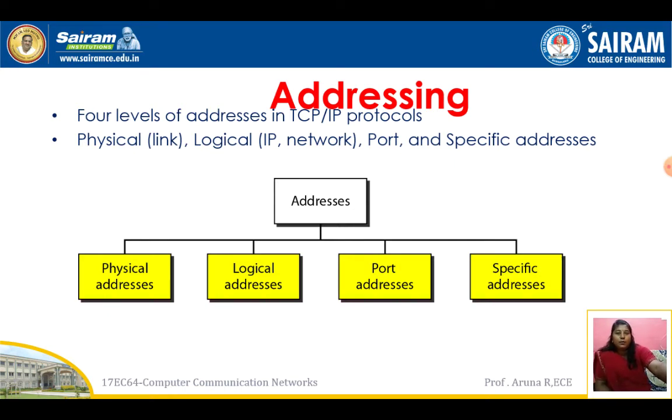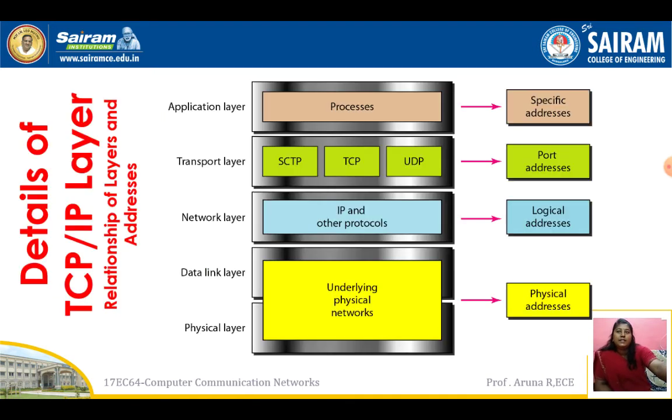Let us see some examples and discuss what the physical, logical, port and specific addresses are. Please remember, addressing in TCP/IP protocol is of 4 types: physical, logical, port and specific. So what is the physical address?